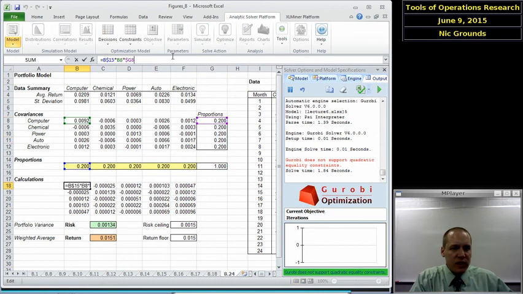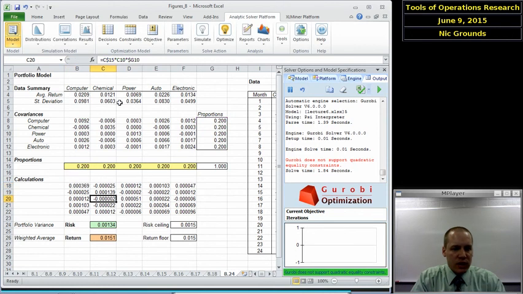So if you look at this equation, it's this covariance matrix cell multiplied by the proportion down here, because it's in the computer column, and multiplied by the same proportion as over here because it's in the computer row, and so forth. So if we look at, say, this one here, it's this value multiplied by this proportion for power and this proportion for chemical, and so forth. And then their total risk is just the sum of all those things.